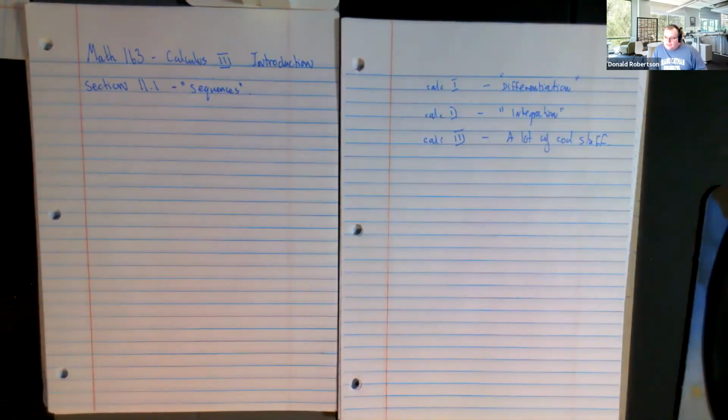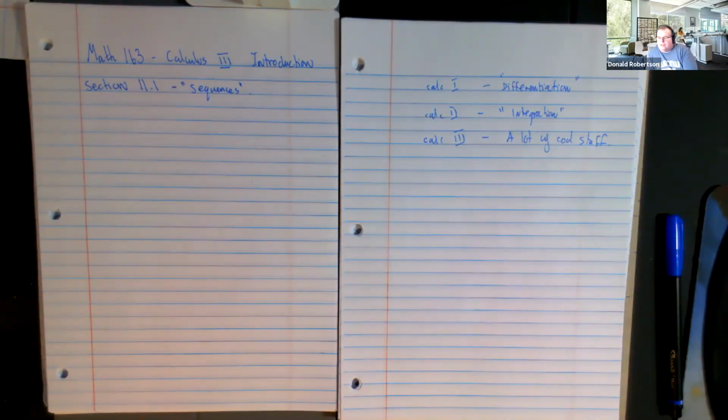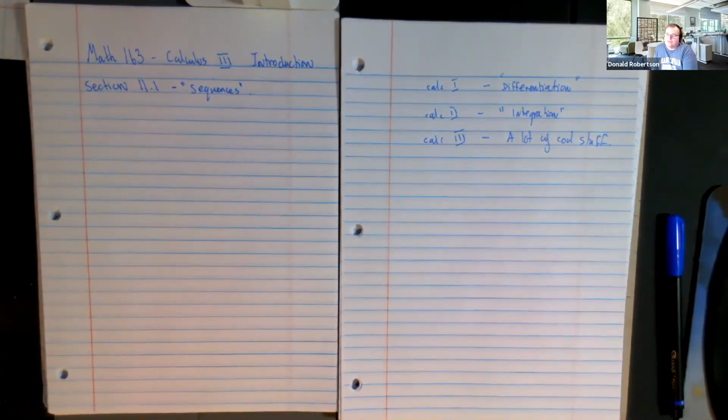We are just going to find out how to do a lot of cool different stuff. The first 4 weeks, we are going to be dealing with sequences and series. And then after that, we're going to deal with vectors. And then after that, space curves. And then we'll finish with multivariate functions and partial derivatives.